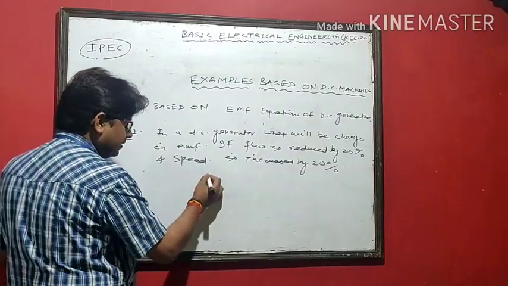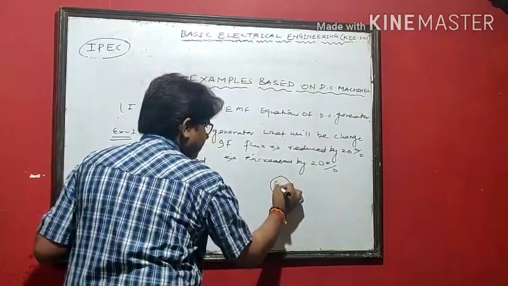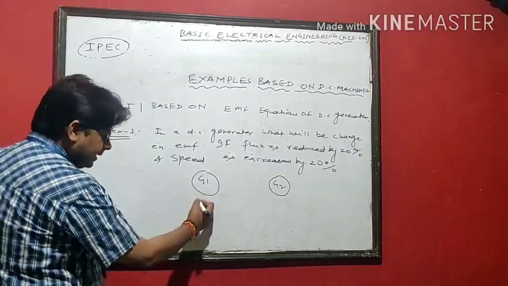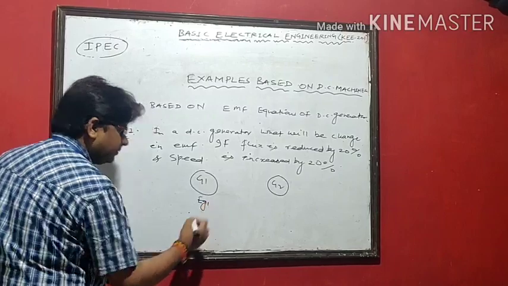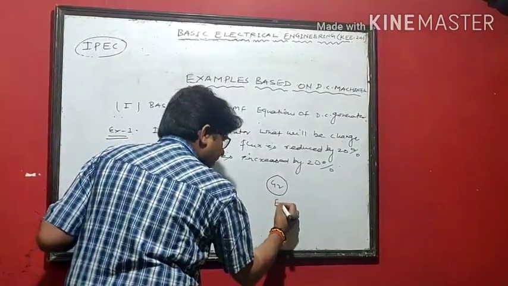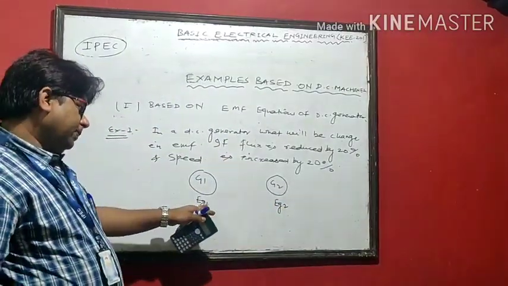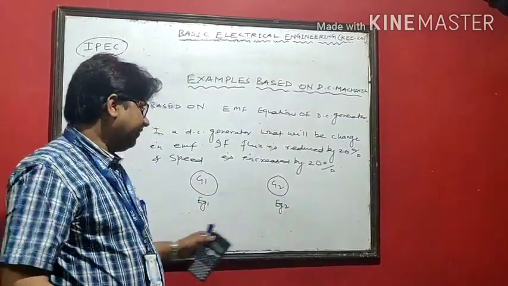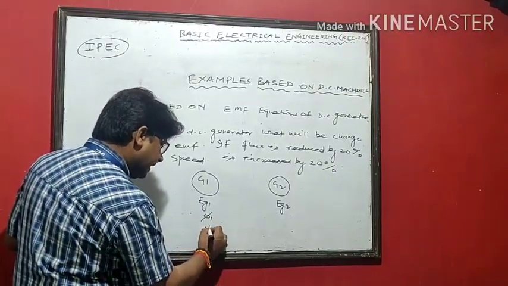Suppose this is generator number 1 and this is generator number 2. In generator 1 the EMF is EG1, similarly EMF for generator 2 is EG2. We know the value of EG1. What is the change in EG2 if flux is phi 1 and speed is n1?